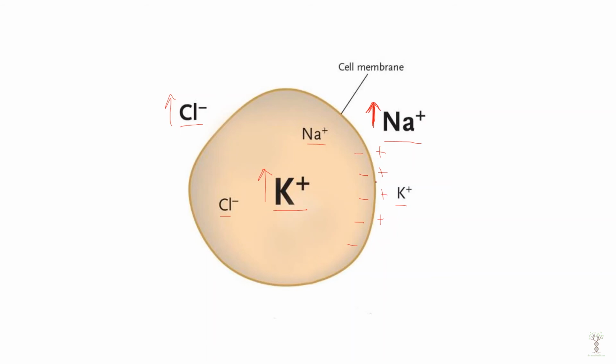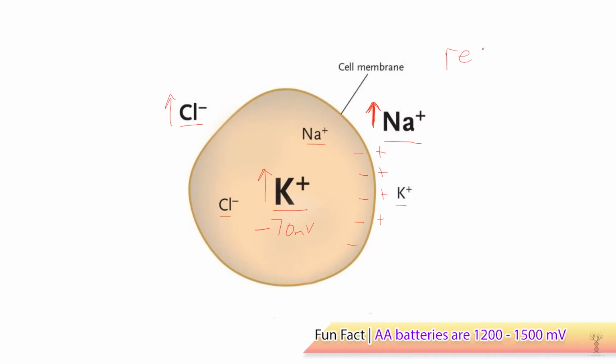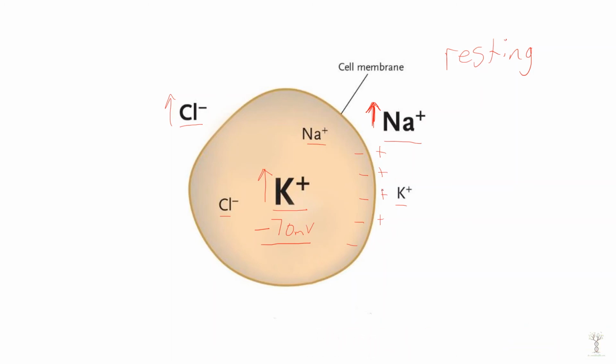This relative difference is about 70 millivolts. So the inside of a resting cell that is not having an action potential is about minus 70 millivolts. And this is all cells in the whole body, not just neurons.